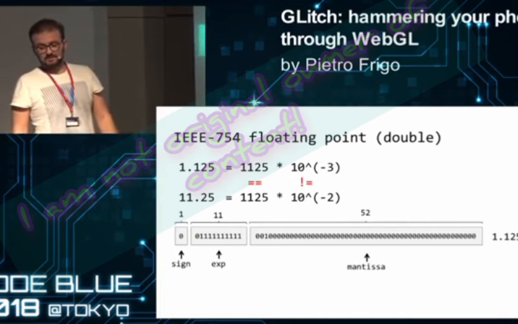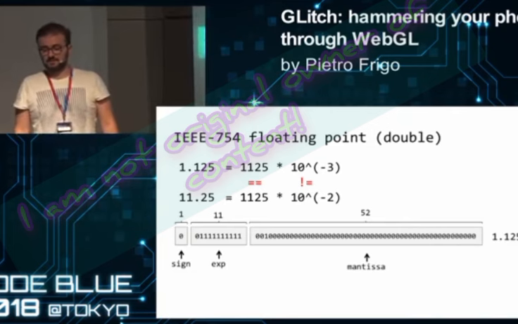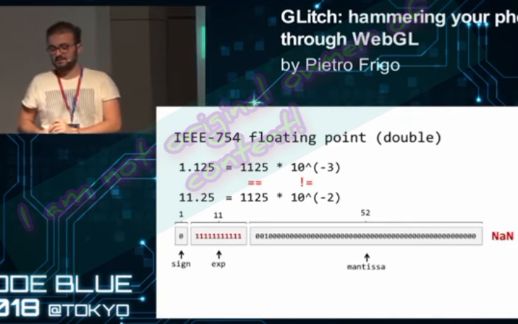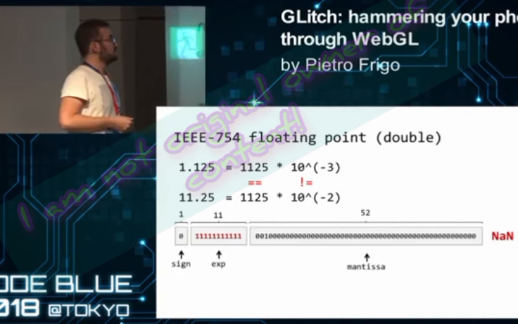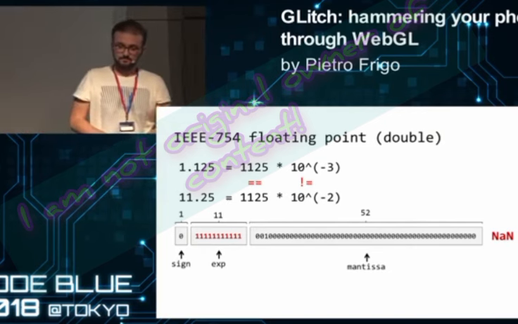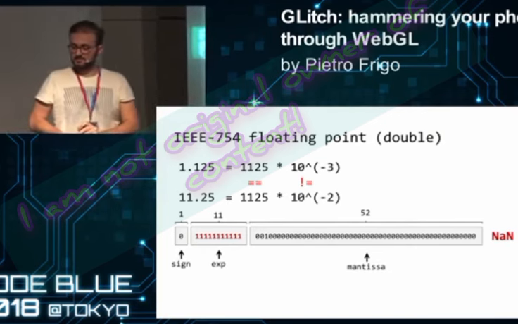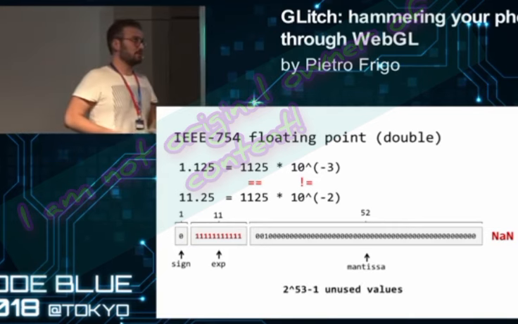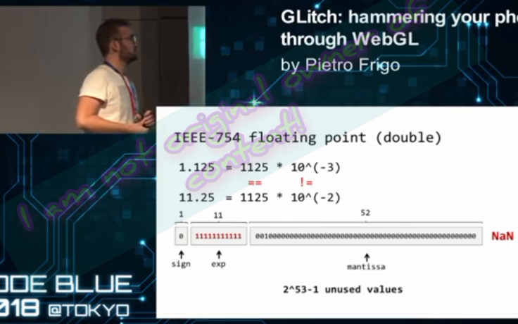And what they decided when they designed the standard was that if all the exponent bits are set to 1, and another bit inside the significand is set to 1 as well, this value would be considered as NaN, and NaN stands for not a number, which means that you cannot really use that value for any computation, but it's just there. So this means that you have 2 to the power of 53 minus 1 unused values in the same encoding.